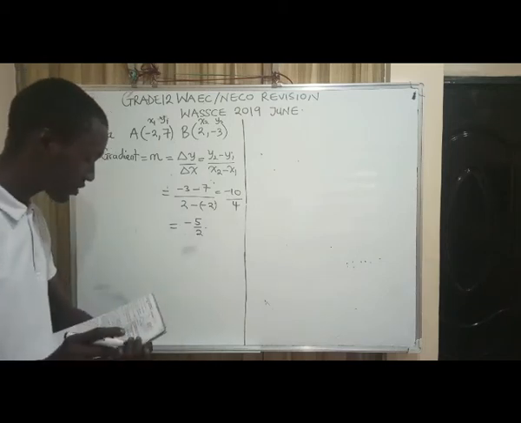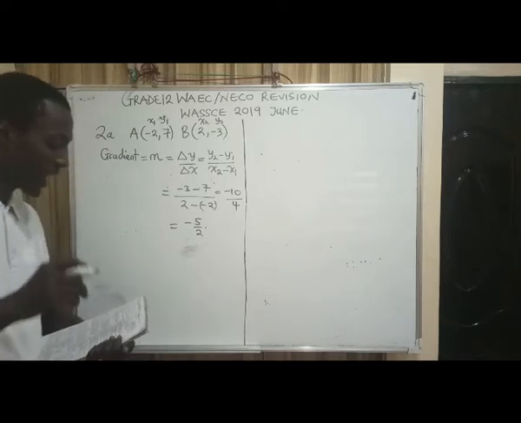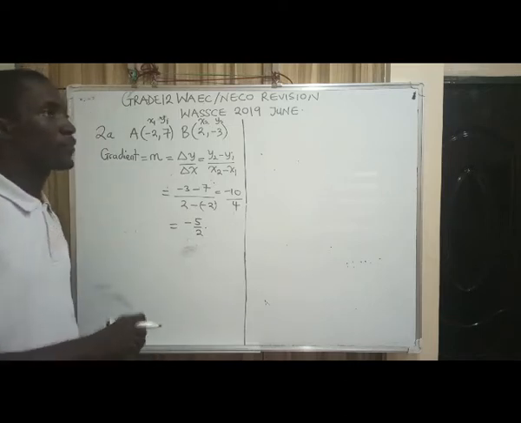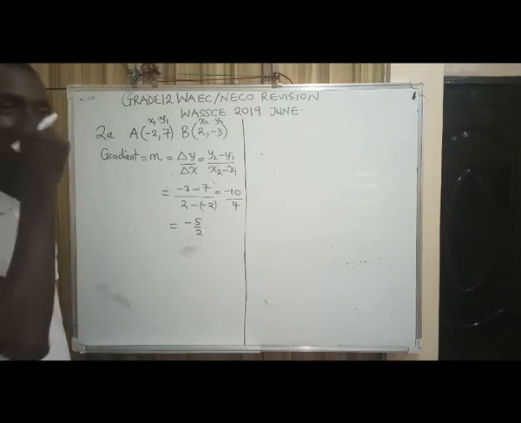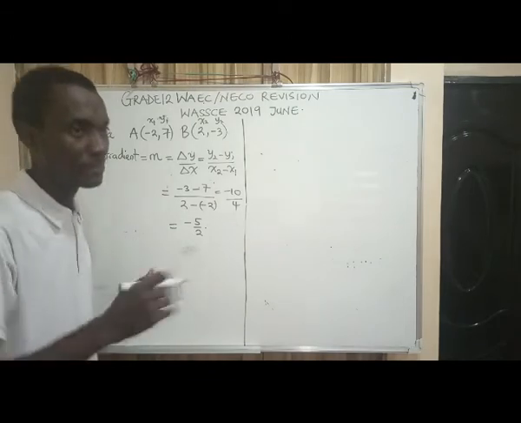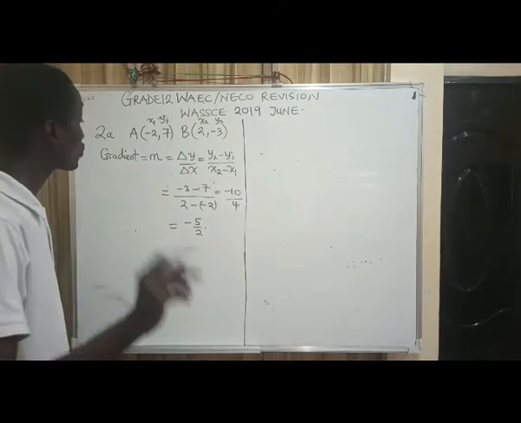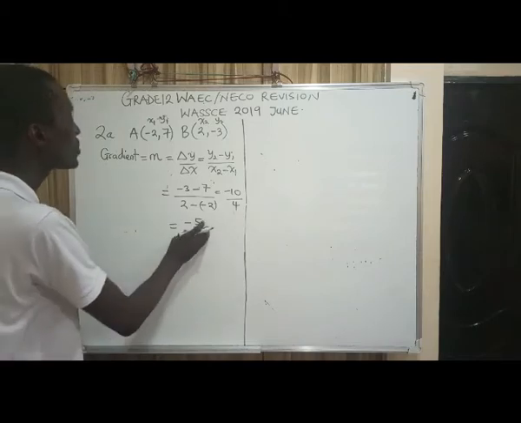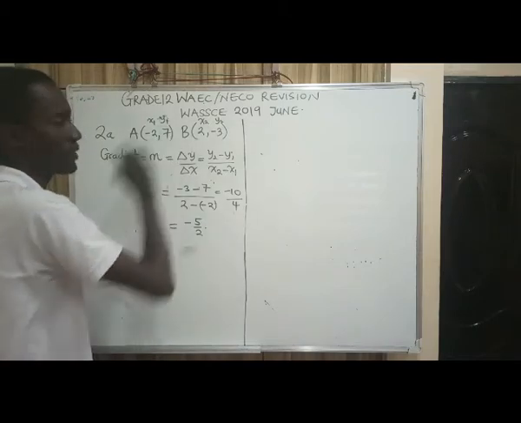Now, the question says, find the equation of the line which passes through the points. If it passes through the points, it means that the slope will be the same. So to find that equation now, I will use this slope with any of these points.